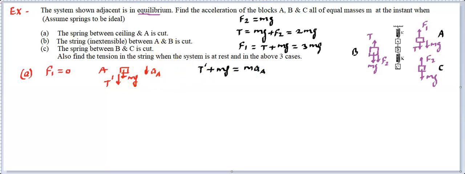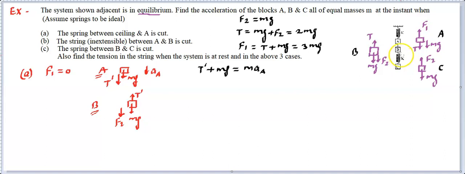What about B? What happens to B? So let's draw the FBD for the B block. This was for the A block. In the B block, you will find T dash, because the same tension has to be there, and there is going to be mg, and there is going to be F2. Now, the point to be taken care of here is that since we need to find everything just after the cut, this spring will not undergo any change in its length.